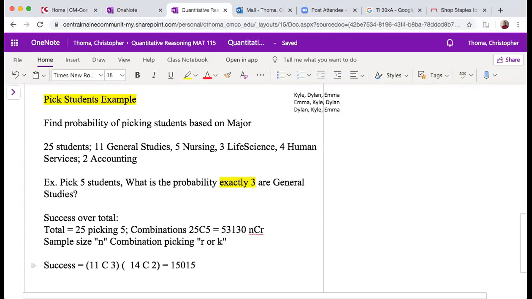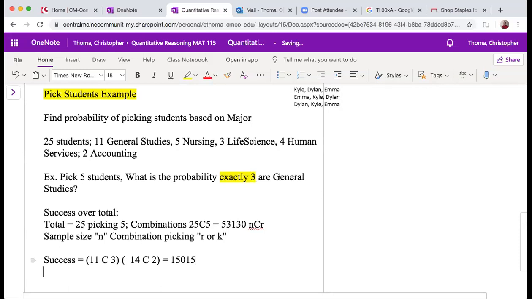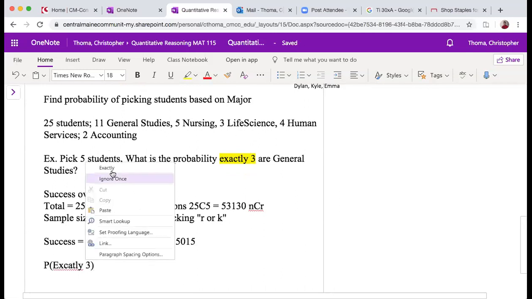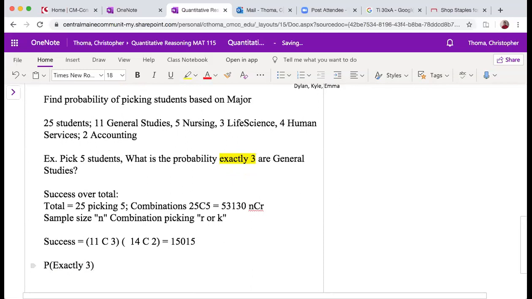So now that we know our success, and for all of you who are playing along, I'm hoping that you got 15,015. Good. So now, to find the probability of exactly 3, I do 15,015 divided by 53,130. I did success over total.